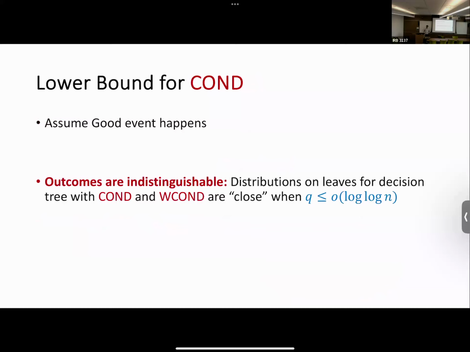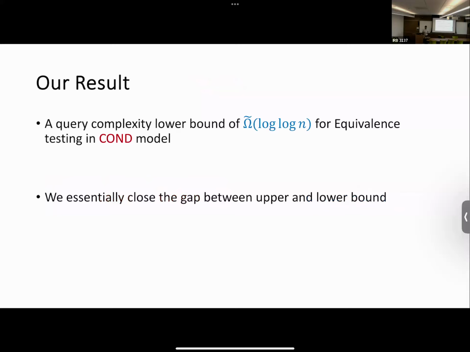We argue that, given the algorithm doesn't pass through any of these bad nodes, they are indistinguishable at the leaves. How do we argue this? We consider the total variation distance of the distribution over the nodes at each level, and then inductively we show that even at the leaf level they are very close, so they are indistinguishable. As a consequence, we finally lift the lower bound to weak conditioning. So that is how it works.